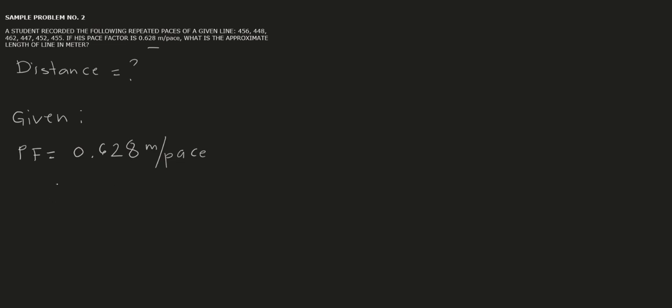Ayan. And then, given din yung mga phases natin. So, para makuha yung distance, diba yung formula ng distance, D is equal to average number of phases times yung phase factor natin.